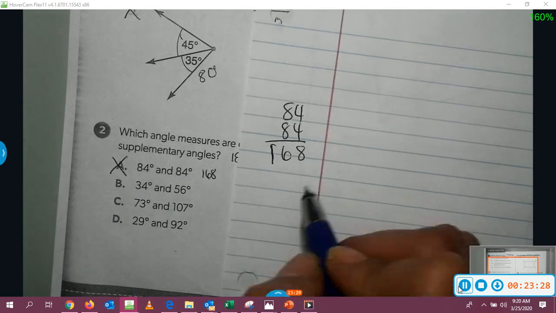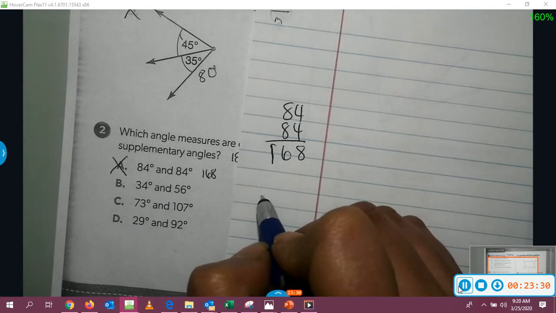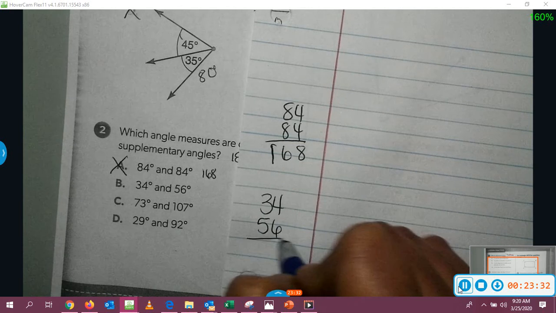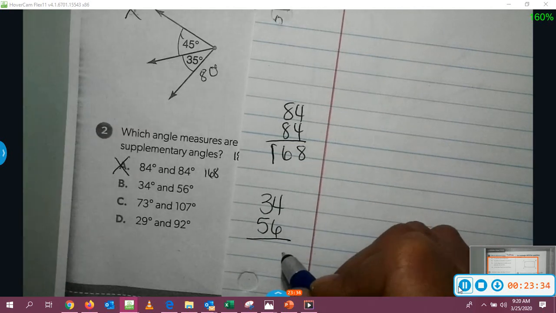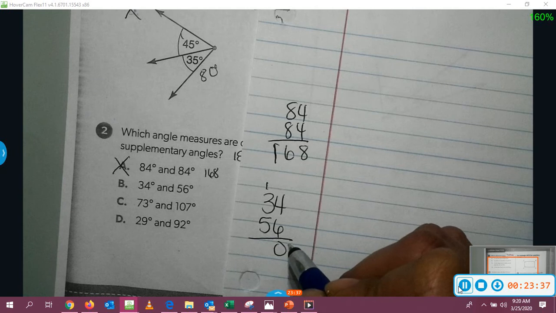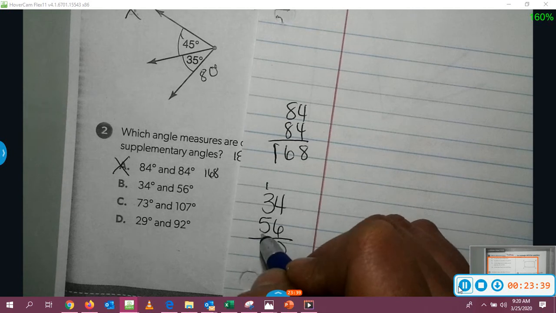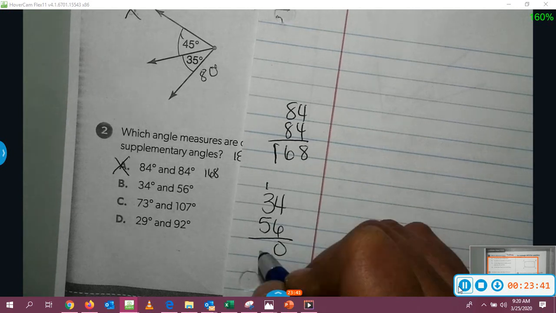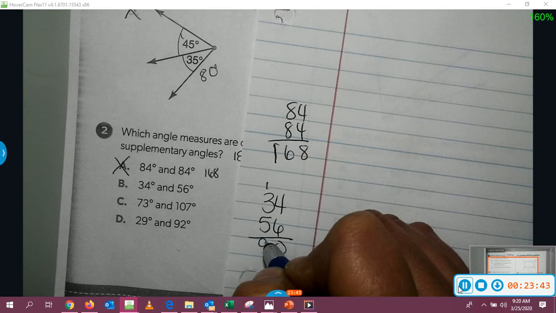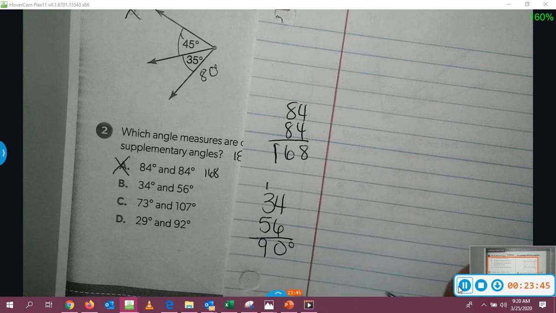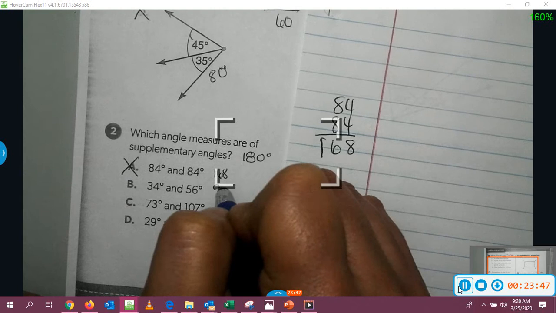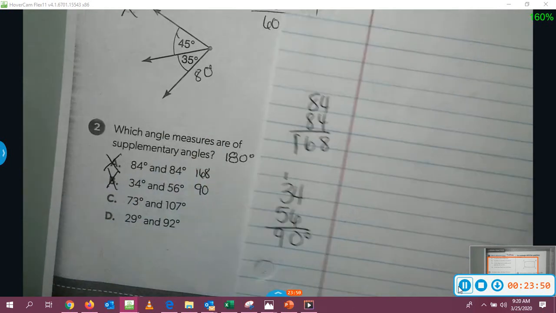So let's do 34 and 56. 6 plus 4 is 10, and 5 plus 3 is 8, so that's 90. When we put these on the side, we know that's not the same thing as 180.